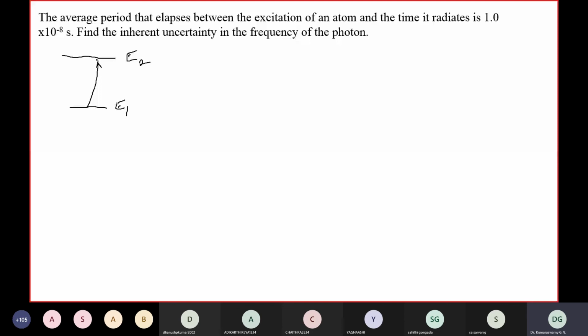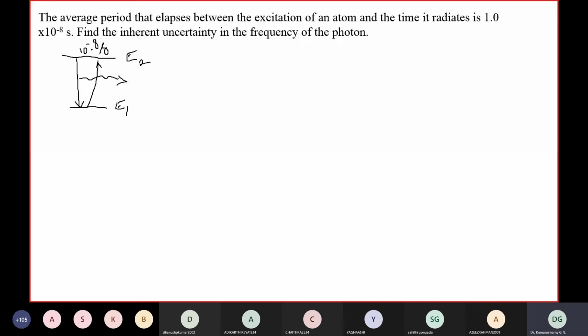So within 10 to the power of minus 8 seconds, it de-excites. They are not saying the exact time, they are saying within 10 to the power of minus 8 seconds.